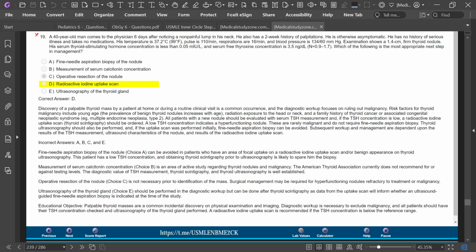So in the hot nodule, you really don't need to do the ultrasound findings. I think they just put thyroid ultrasound here because you can still use it for cold. So that's why they put it here. But really, the ultrasound is just for these two, it's not for this one. Okay, now I got it.